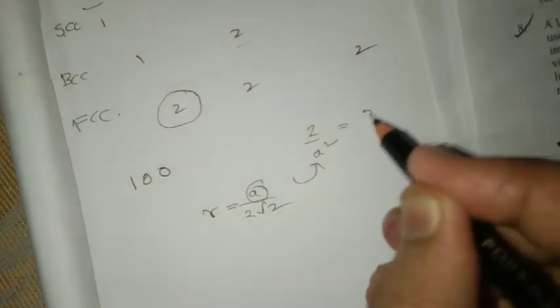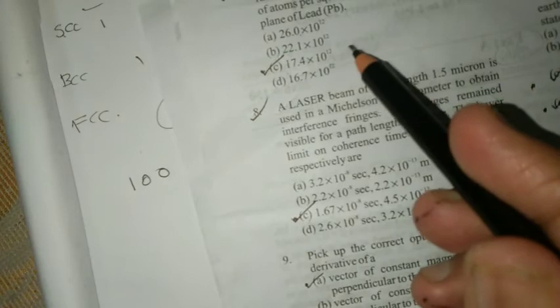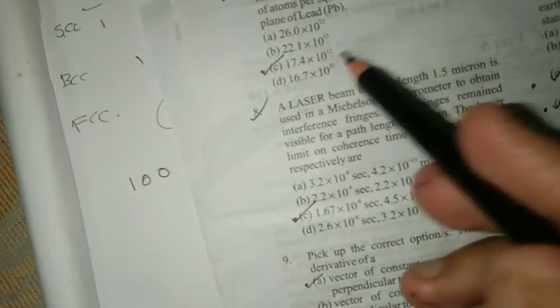Find a from here, put the value of a, square it, change nanometer to millimeter or millimeter to nanometer, whatever you wish, and you will find the answer as C. Please pause the video to do this calculation and comment below whether you get C or not.